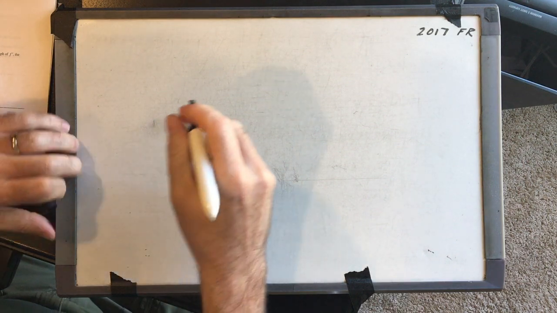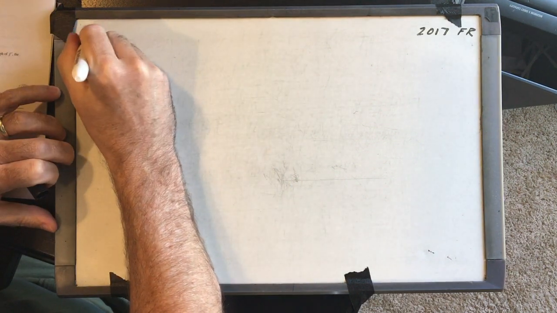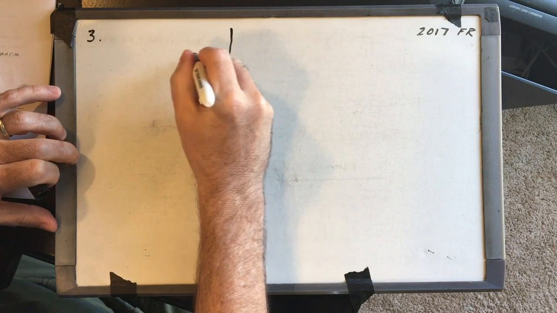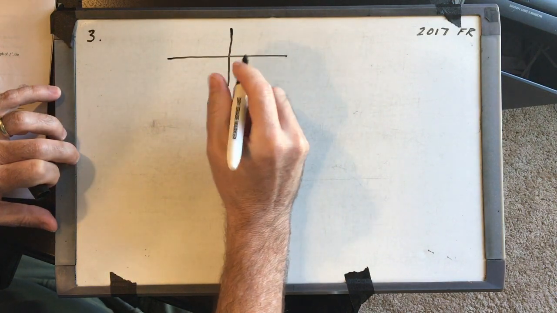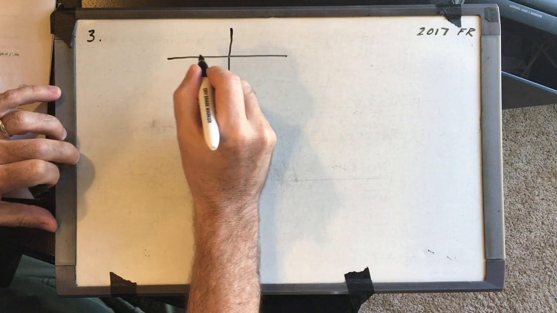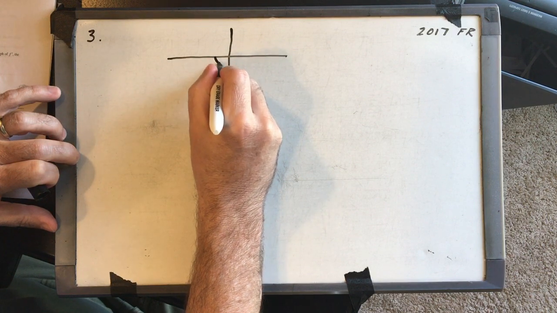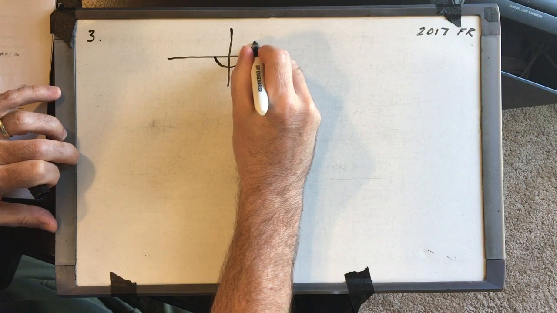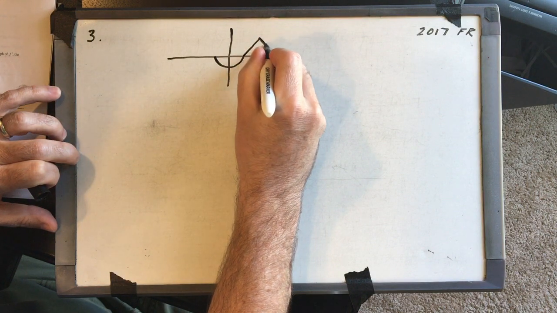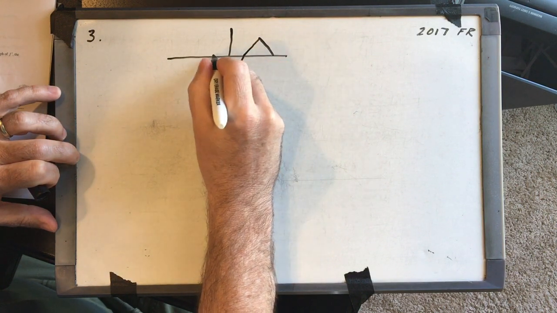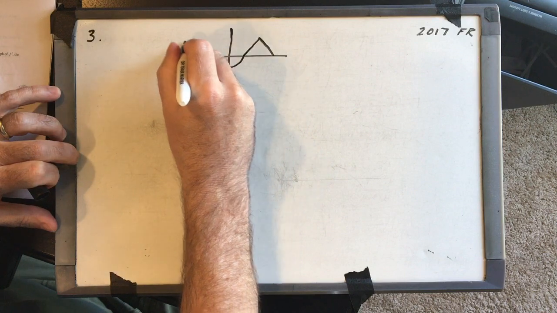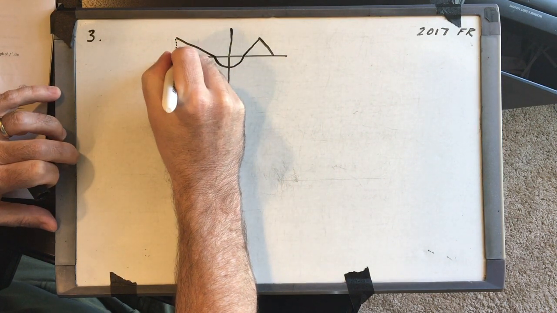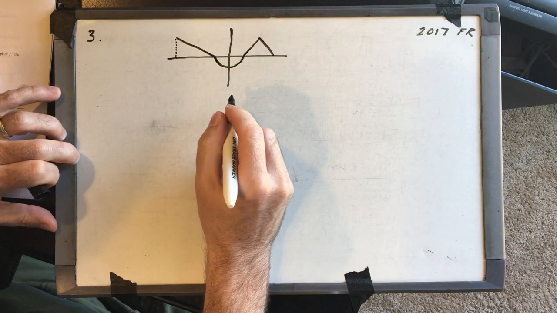Number 3 has a graph of f prime, so I'm going to try to draw that in. You've got a semicircle, and then a triangle like that, and then a line like that.